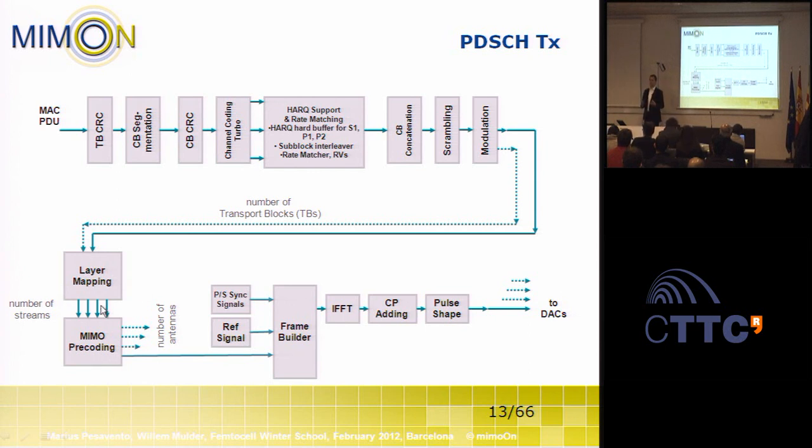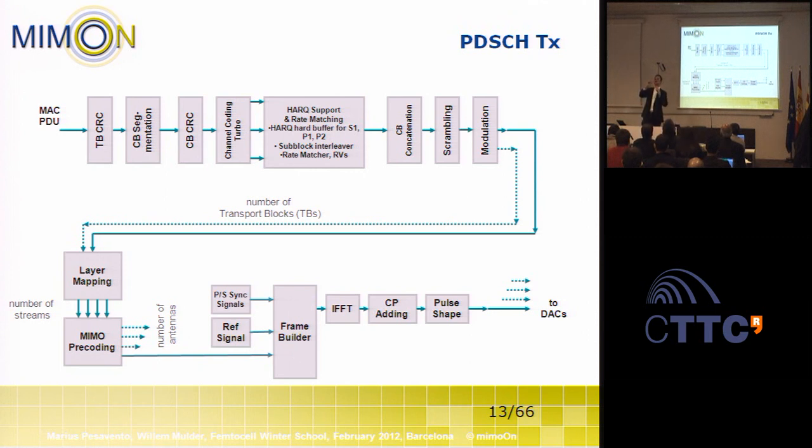In the MIMO processor, we are performing MIMO precoding. I will speak about this in detail later on. After the MIMO precoding, we have the different antenna signals at the outcome. Still, we are of course on the symbol level, which means we are still in the frequency domain. The symbols arriving here are mapped in the frame builder in the time-frequency plane.